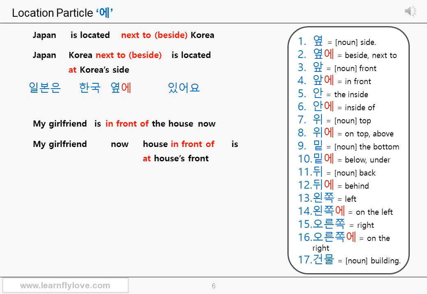And you're going to use the noun 앞, which means the front, and the particle 에, 앞에. My girlfriend, 제 여자친구가. I use the subject particle 이가. Now, 지금. At house's front, 집 앞에. Is, exist, 있어요. 제 여자친구가 지금 집 앞에 있어요.